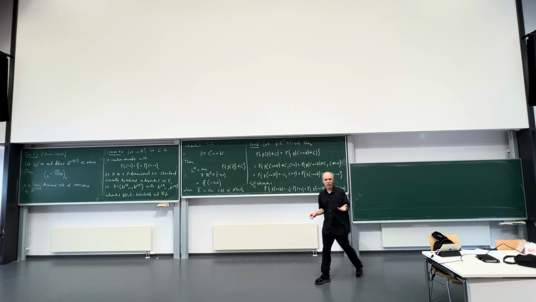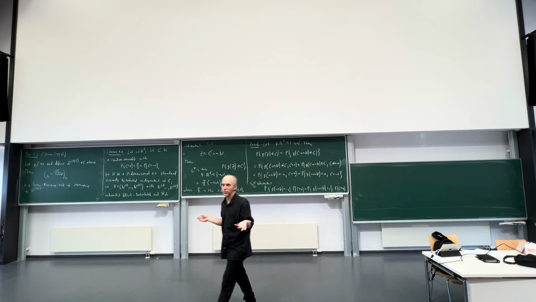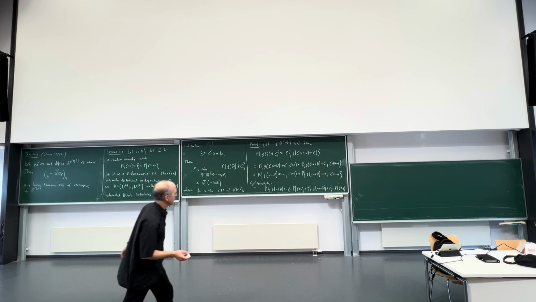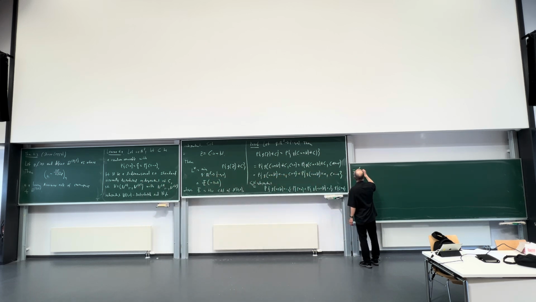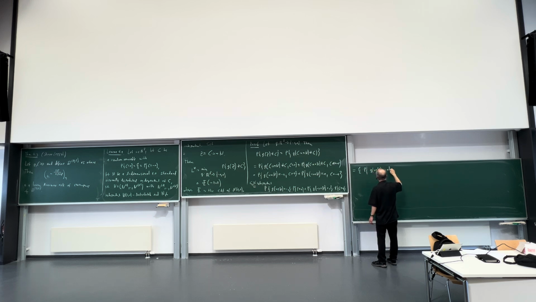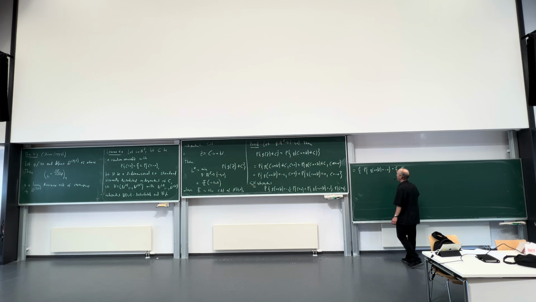Now you know Z takes on the values plus 1, minus 1 each with probability 1/2. So we plug in this one. So we are at this line: 1/2 times the probability of g of U plus N equal minus 1, plus 1/2 times the probability of g of minus U plus N equal 1.